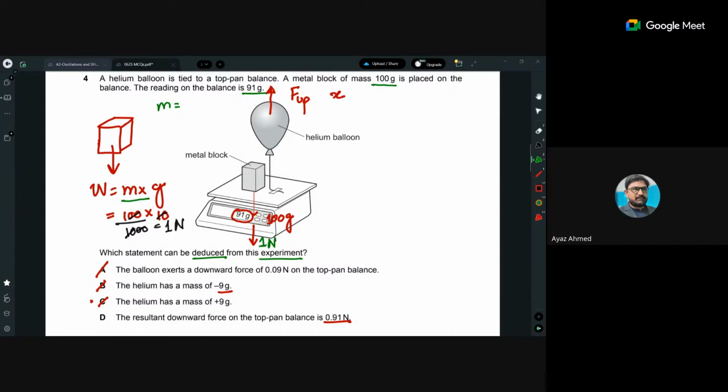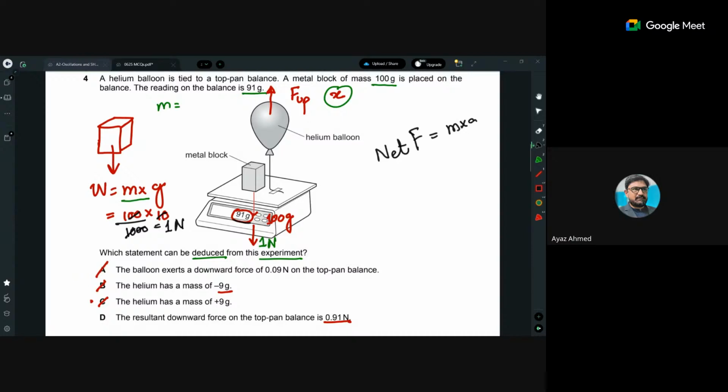Now look, if downward force is 1 Newton, then upward force is something x, but that is not given to you. But due to that upward force, how much reduction has taken place? 91 gram is the mass. So it means the net force or resultant force on the top pan balance is equal to the total weight now.